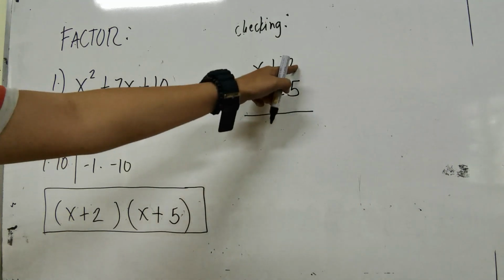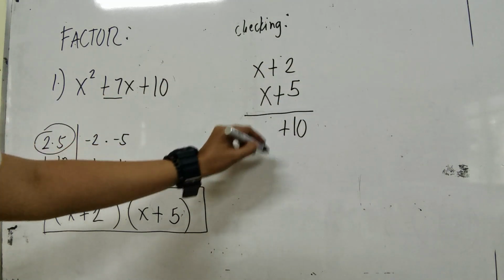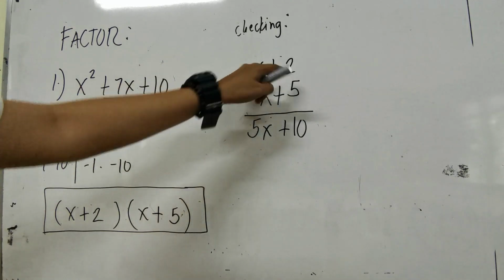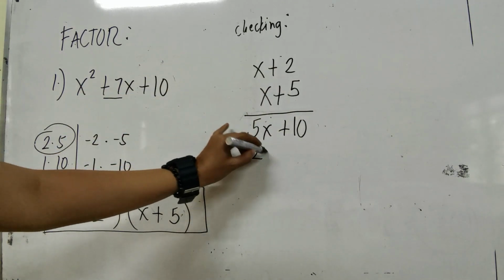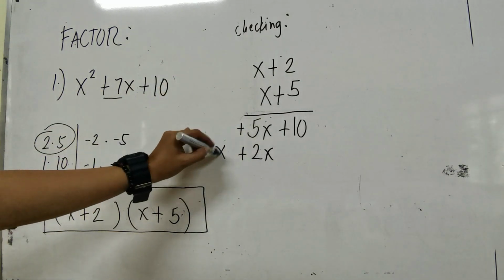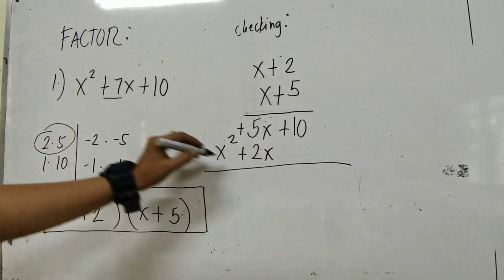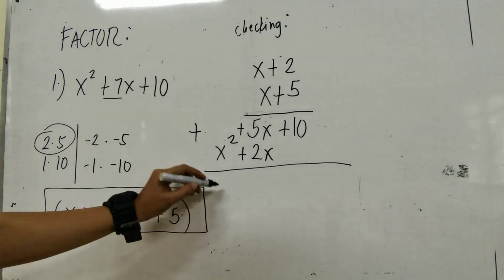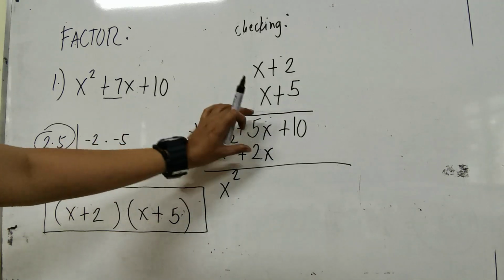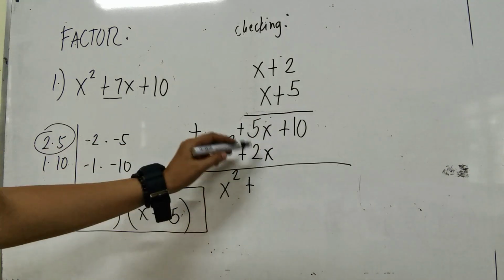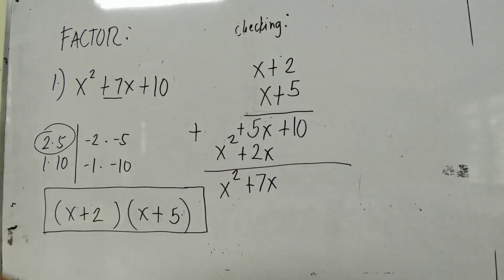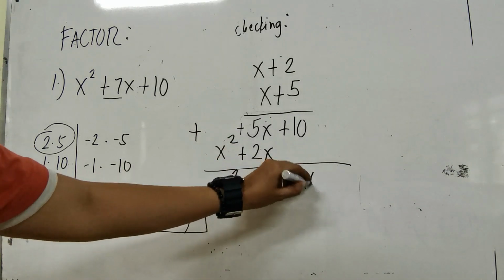So, we have 5 times 2 is 10, positive. 5 times x is positive 5x. X times positive 2 is positive 2x. Both positive yan. Then, x times x is x squared. Then, add. So we have x squared. Since ito ay like terms, kaya natin inalign. So we have positive and positive. So add, copy the variable, then bring down 10.